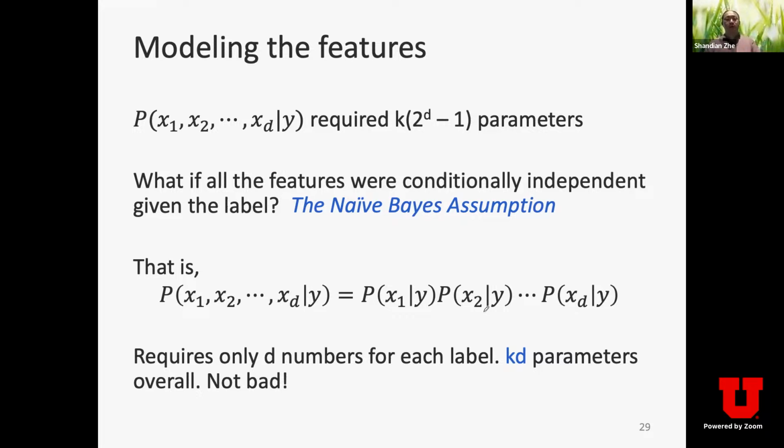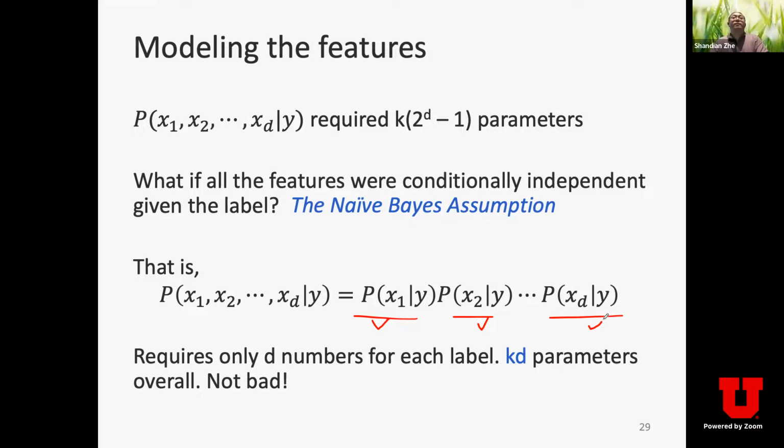By using this model assumption, now let us count how many parameters we need. If this assumption holds, to determine the parameters of the model, we only need to determine the conditional probability for each single feature.